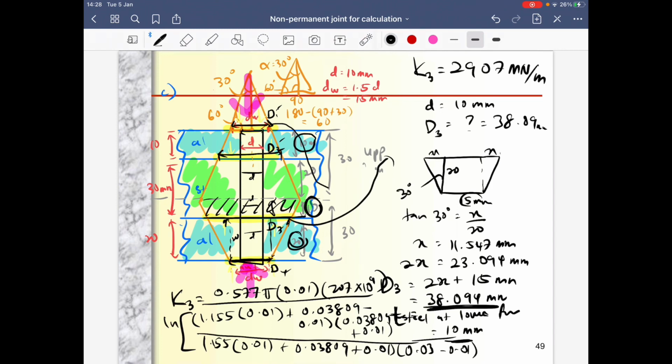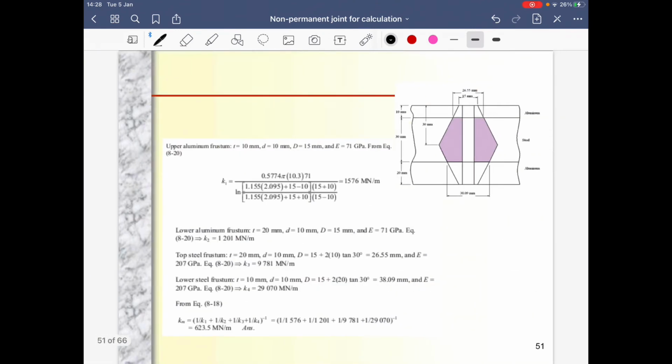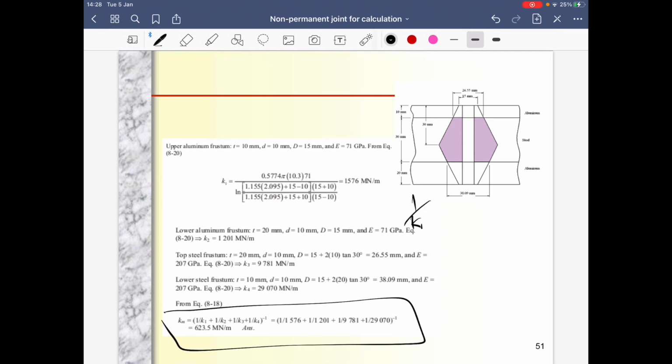meganewton per meter. So at the end you put all of them together. Initially it was km equal to 1 over k1 plus 1 over k2 and so on up to k4.